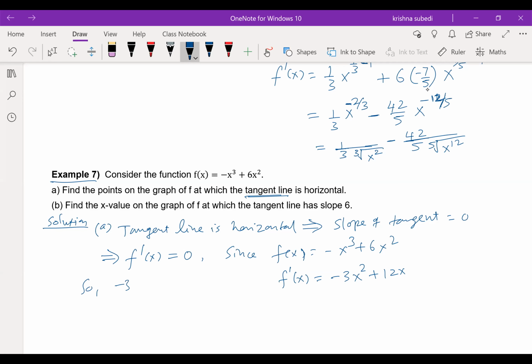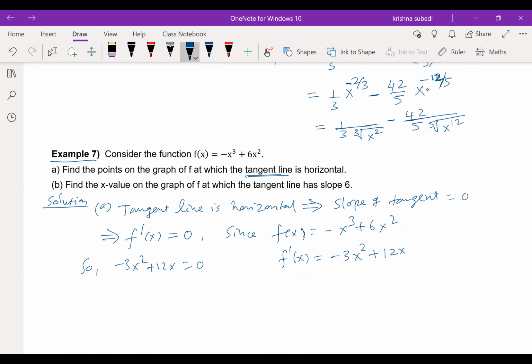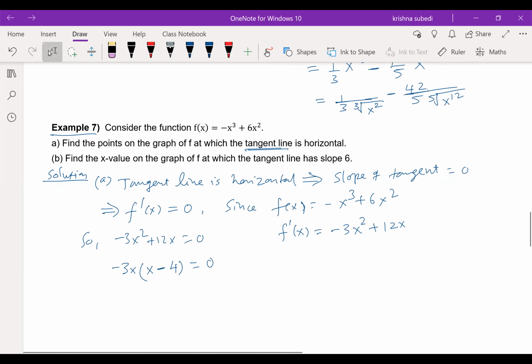That means negative 3x squared plus 12x equals 0. Now solving this, you can factor out negative 3x, leaving x minus 4. So negative 3x equals 0 or x minus 4 equals 0. So this gives me x equals 0 or x equals 4.